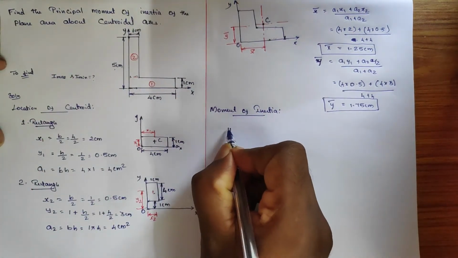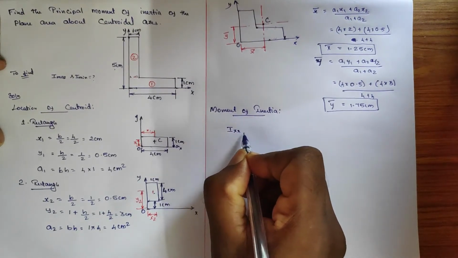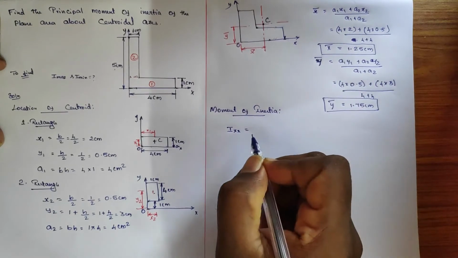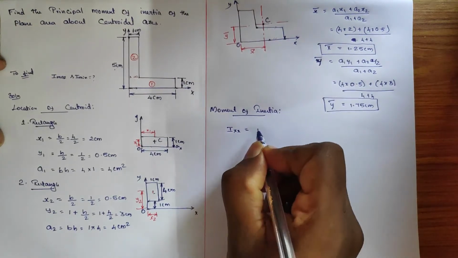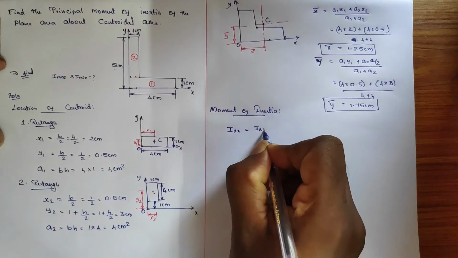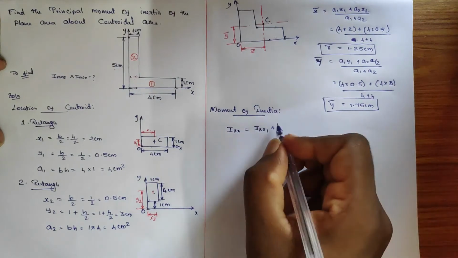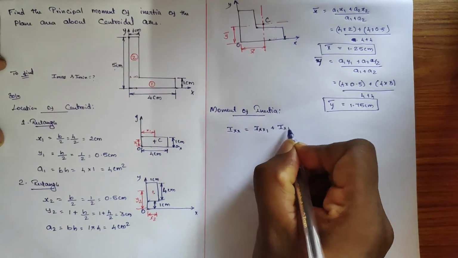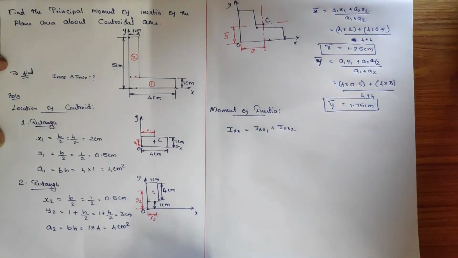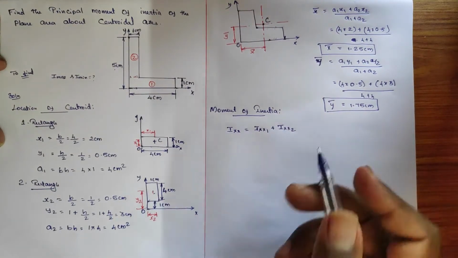So I can say Ixx, moment of inertia about the xx axis, is equal to Ixx1 plus Ixx2, right? Here we have two components.